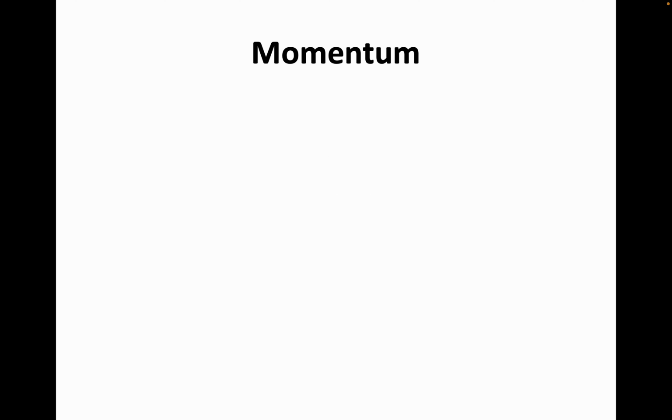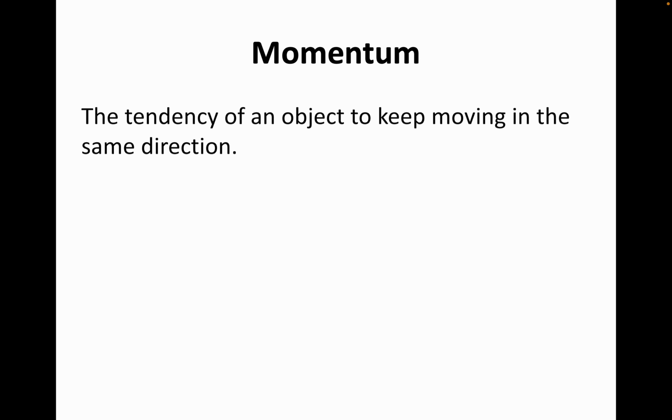Okay? So momentum is a vector quantity which is possessed by any mass which is moving. Yeah? If it's not moving, the momentum is said to be 0. So the tendency of an object to keep moving in the same direction, it can be called momentum.